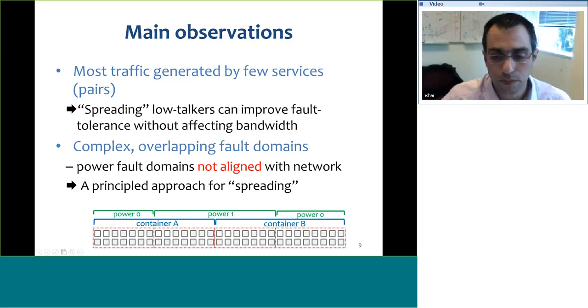Okay, so the basic units are not the containers themselves when we come to reason about fault tolerance, but actually the combination of power 0 and container B could be viewed as a single what we call cell. Okay, if either power 0 or container B fail, then these machines here go down. The fact that we don't have an exact alignment of the fault domains complicates the optimization problem.